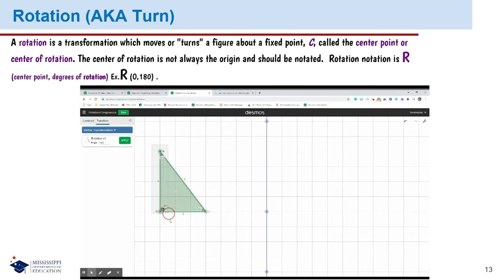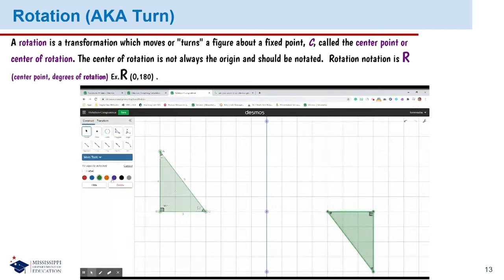Then I'm going to select the triangle that I want to rotate, and I'm going to apply. So now I'm going to go back and select this triangle, and I'm going to go back to the construct, and I'm going to change the color, and I'm going to label.